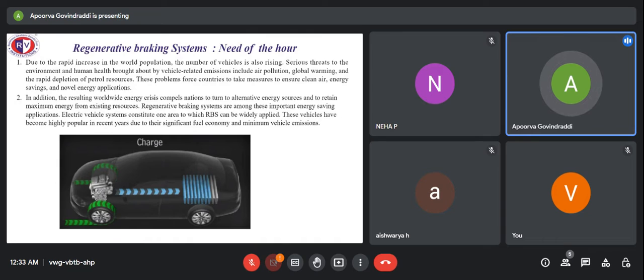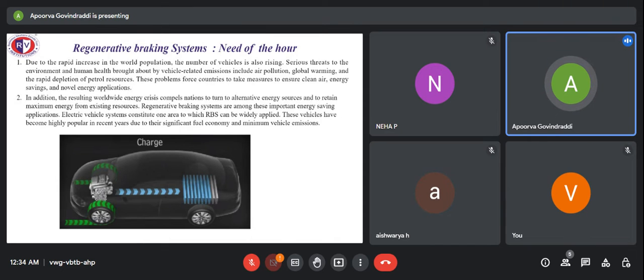Due to the worldwide energy crisis, nations have been compelled to turn to alternative energy resources and to retain energy from existing resources. Regenerative braking systems are among these important energy saving applications.